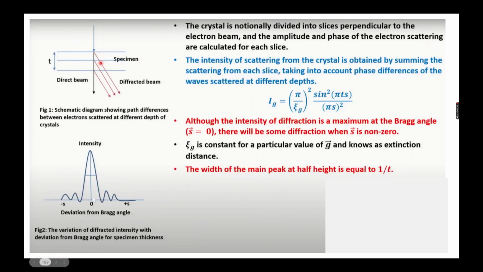For diffraction to happen, it should satisfy Bragg's law. At the point where it satisfies Bragg's law, it gives the maximum intensity, and there you will find the diffracted spot.